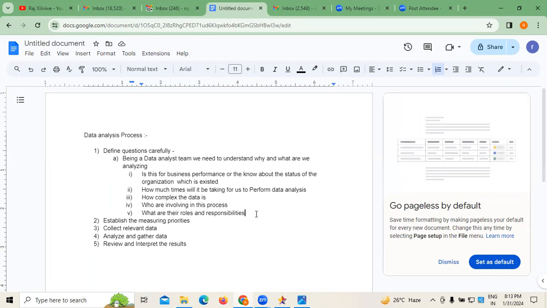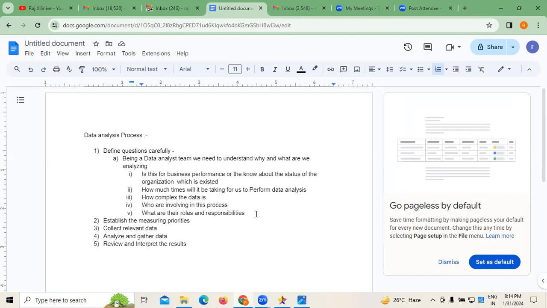But at the same time, whenever we are doing data analysis within the organization, let's say you are an employee working in the organization where you want to perform this, then whatever responsibilities we have will be something different.